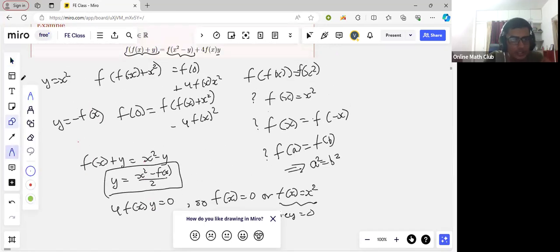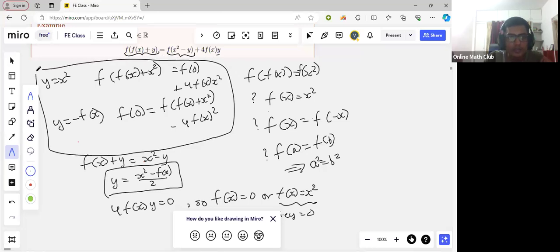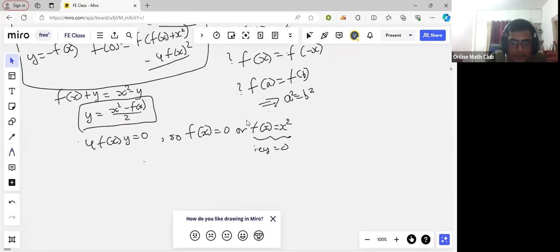This idea also works: when you put y equal to minus f of x, it also gives the same thing, that these two terms are opposites of each other. So that's also an idea which works. You can try it as well.